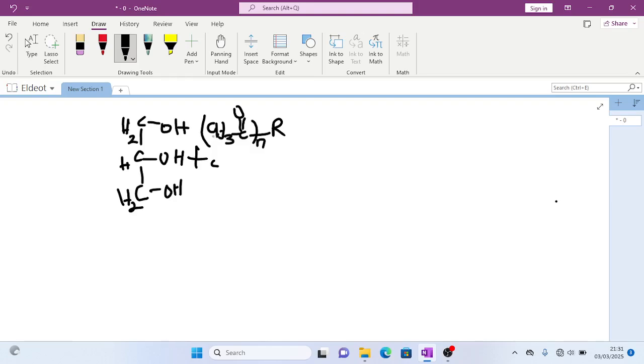Anyway, let's just use this. What do they call this group? Acetyl group. So we assume that this is an acetyl group, for instance.